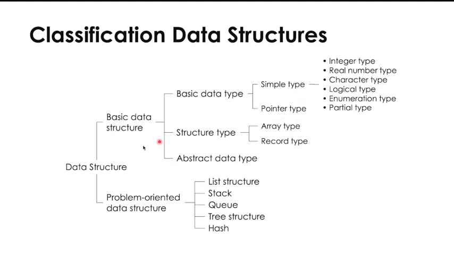And then going down here, the problem-oriented data structure, these topics will be the focus of your semester if you're a PUP student right now watching. This will be the focus of your semester in data structures and algorithms.